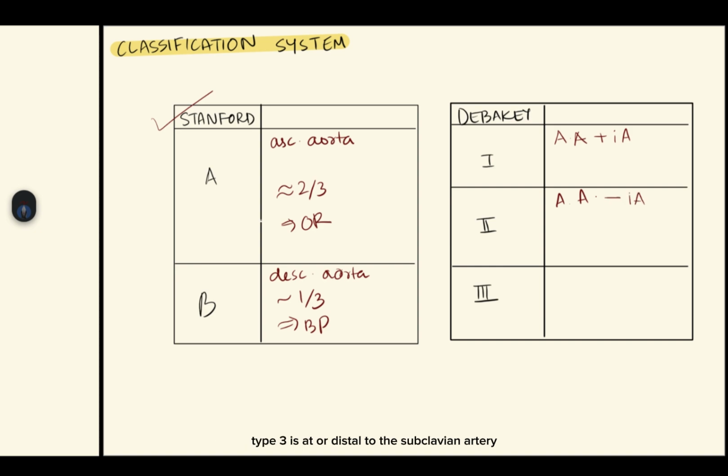Type 3 is at or distal to the subclavian artery. So what they say is, for ease of understanding, type 1 and type 2 can correspond to Stanford A, so they would require OR. Type 3 corresponds to Stanford type B.